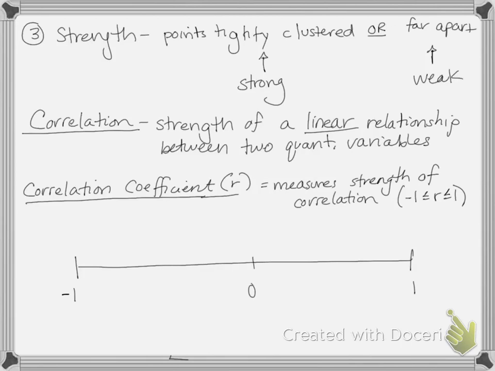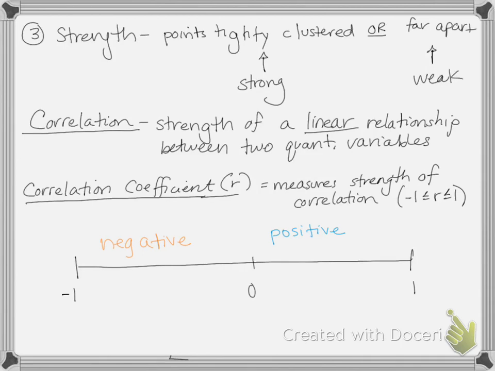Hopefully we all understand that when we look at this picture, we see a couple of things. Over on this side, all my numbers are positive, so everything over there would have a positive direction. Over on the left side, all my numbers are negative, so everything with a correlation coefficient below 0 would be described as negative.